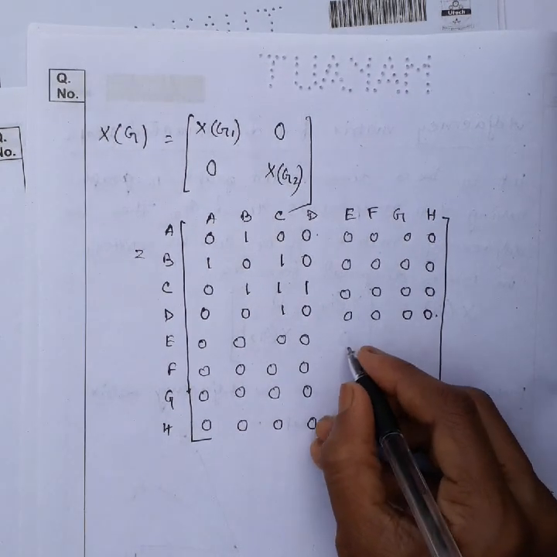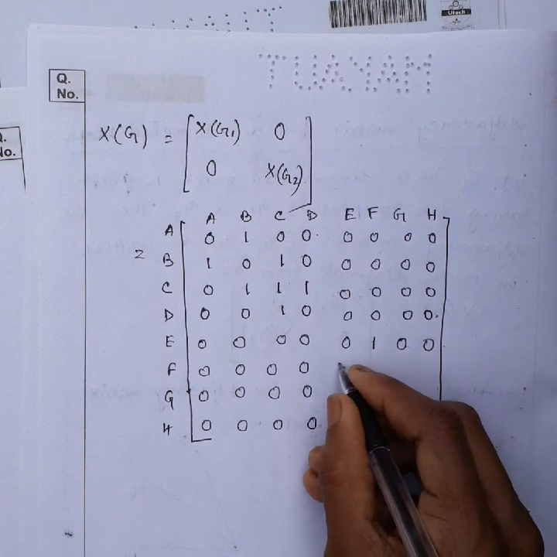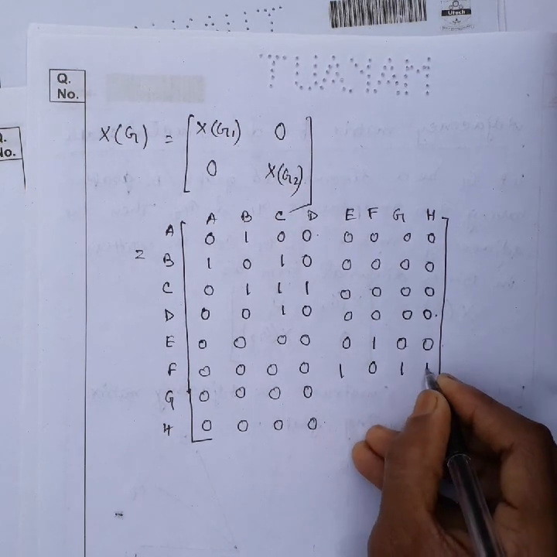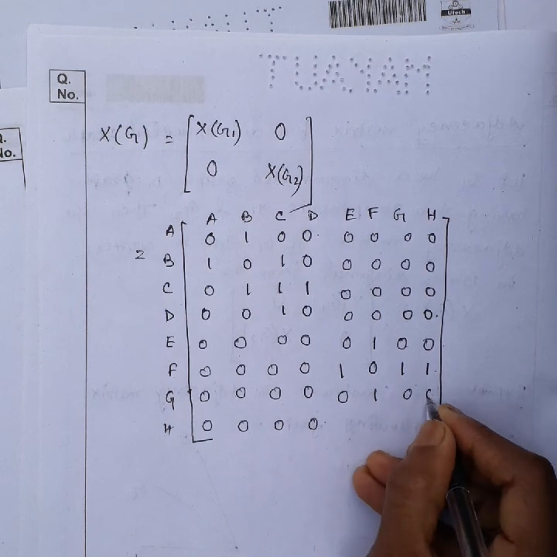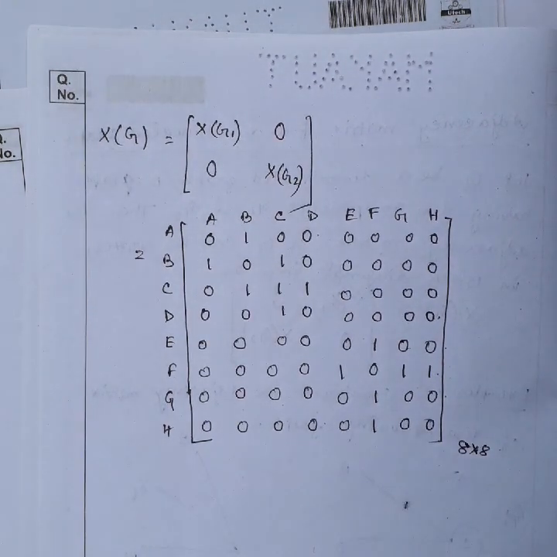And now this matrix: 0 1 0 0 1 0 1 1 0 1 0 0 0 1 0 0. So this is the final adjacency matrix of the disconnected graph.